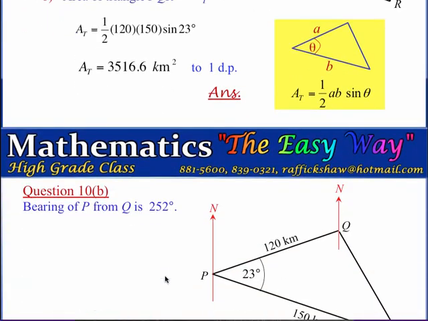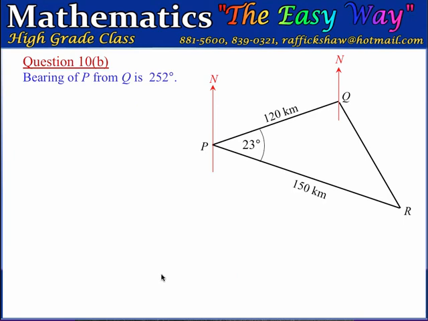Let's move down now to part 2. Now, part 2 tells us that the bearing of P from Q is 252 degrees. Now, bearings are angles in the horizontal plane which are used to measure the location between places. And if we want the bearing from one position to another position, we have to measure that bearing at the from position. And the bearing at the from position is the clockwise angle from the north direction to the line connecting the two positions.